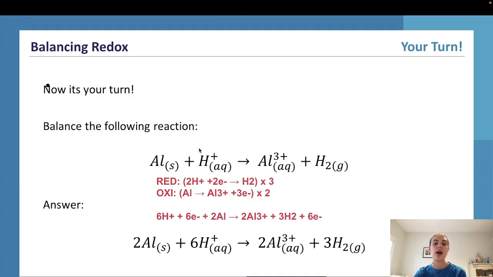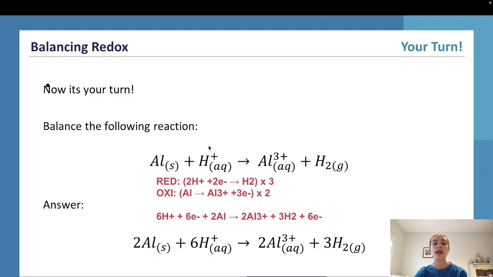So we can see hydrogen is going from +1 per hydrogen atom to 0 per hydrogen atom. That means, remembering that electrons have a negative charge again, hydrogen is gaining 1 electron per hydrogen atom.